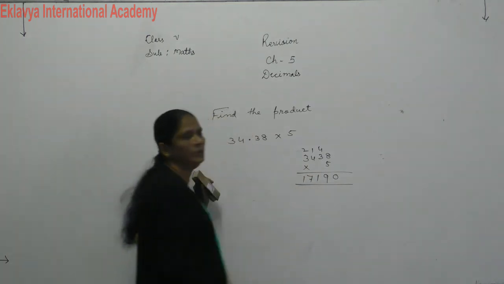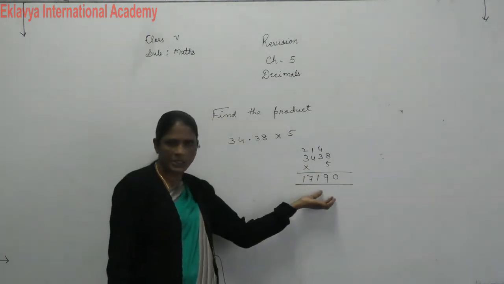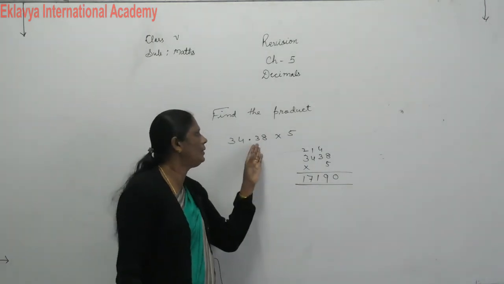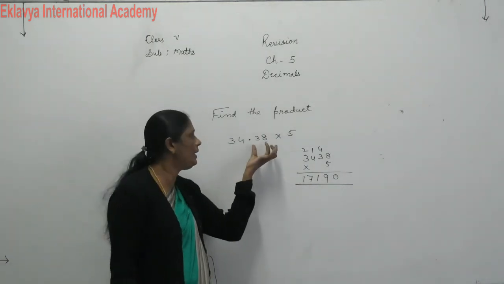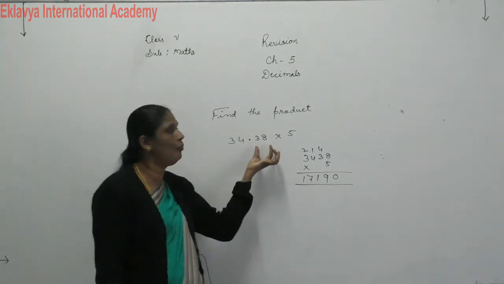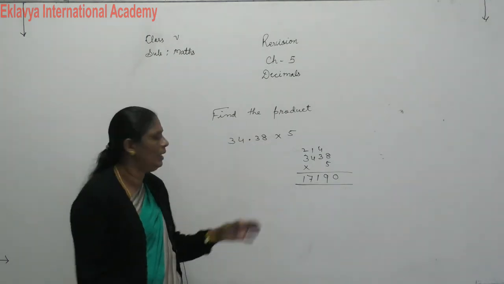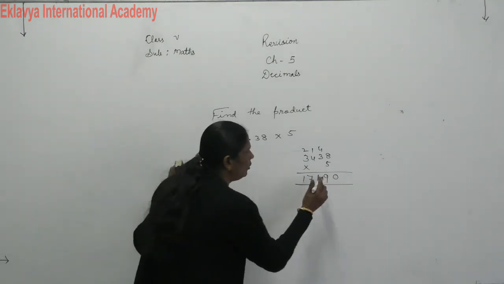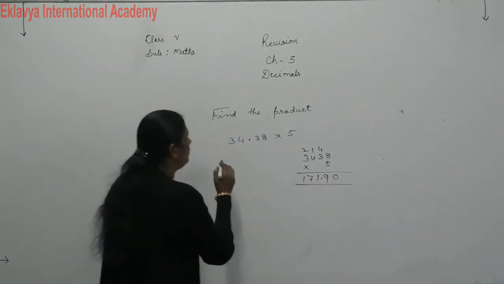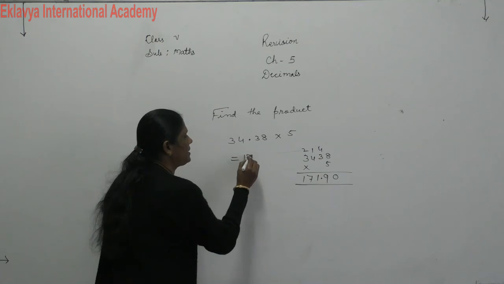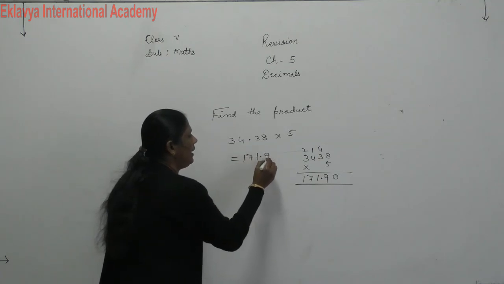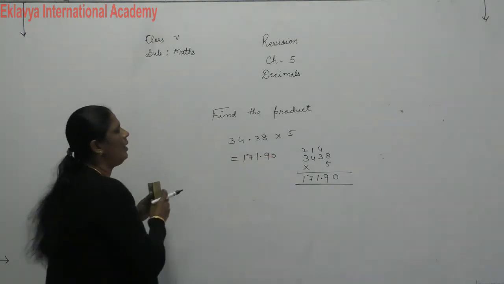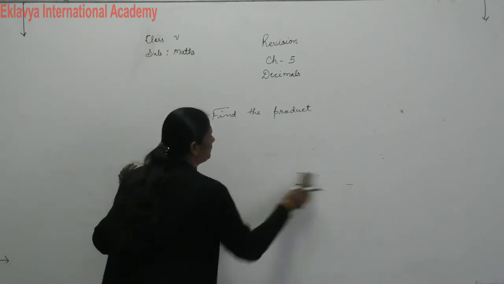Now our multiplication is over. Then now the decimal. How many decimal places here? 2. Therefore, on the right hand side you count 1, 2. You put the point there and write the answer 171.90. Understand? Now another question.